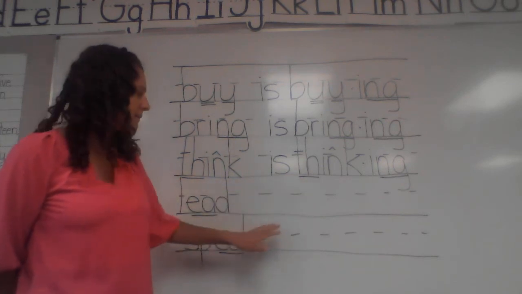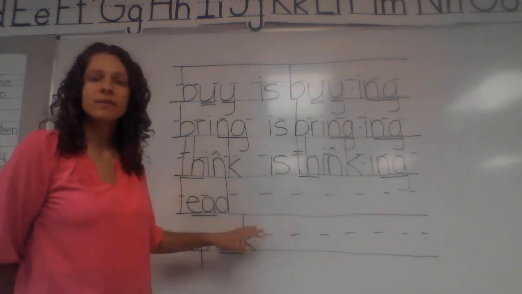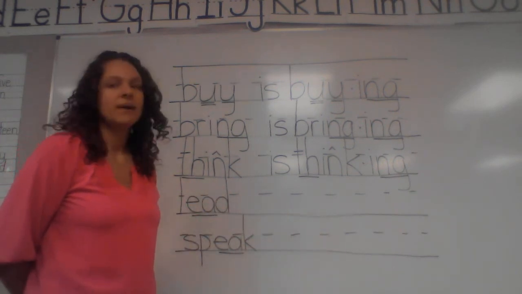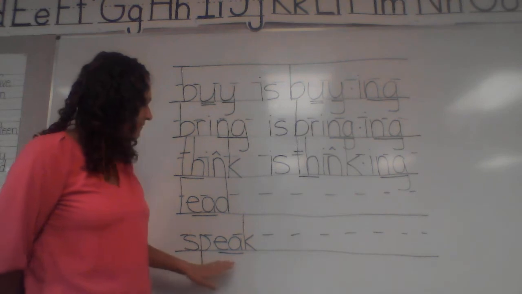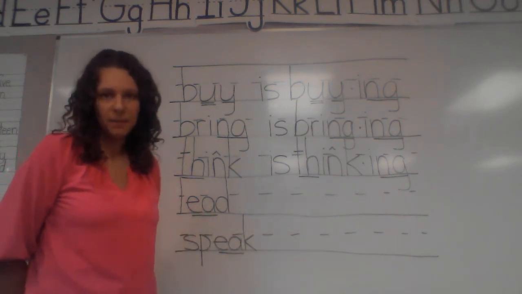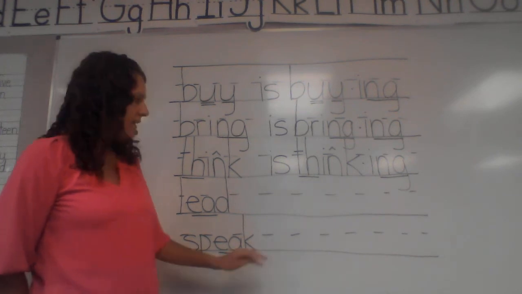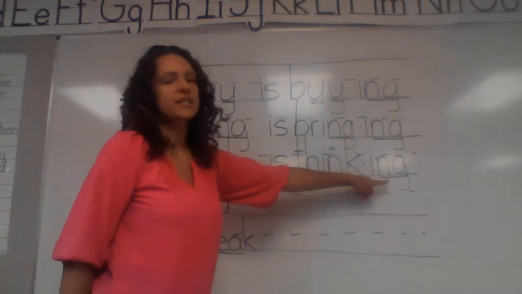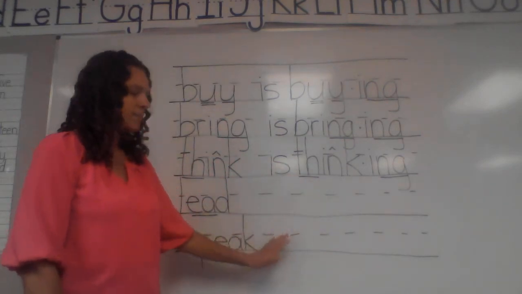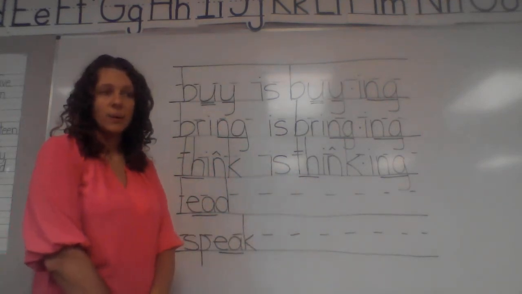All right, so our present participle for lead is leading. Write that. And then for speak, it's is speaking. So these two, see the pattern, we're just adding ing, it gets its own syllable. So these two, I'm going to have you do it on your own.